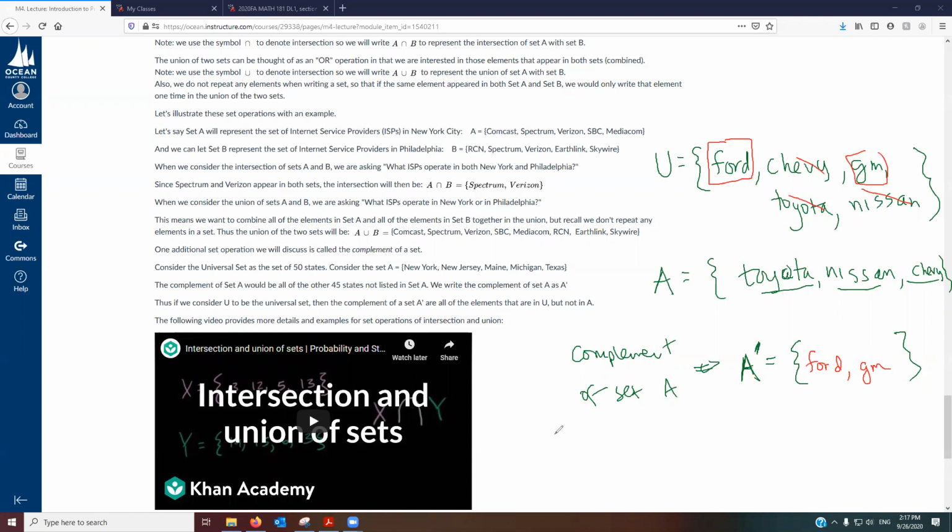You might notice if you took A and formed the union with A prime, well, that's going to take you back to the universal set. If you form the intersection of A and A prime, there's nothing in common between A and A prime, right? They're totally distinct elements. That would be the empty set.